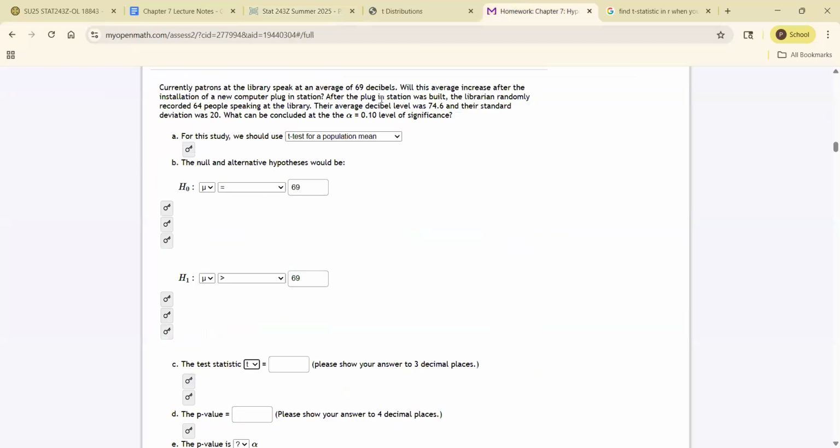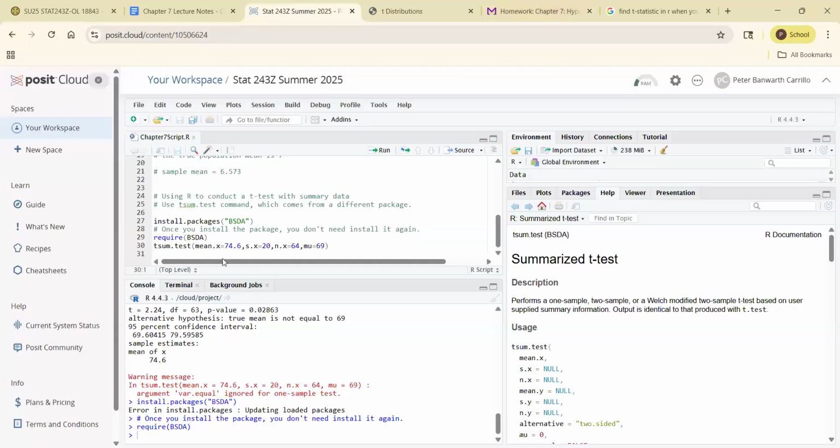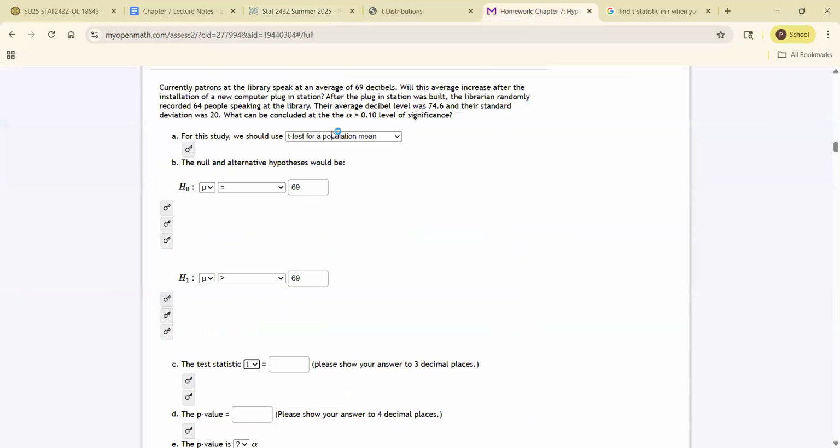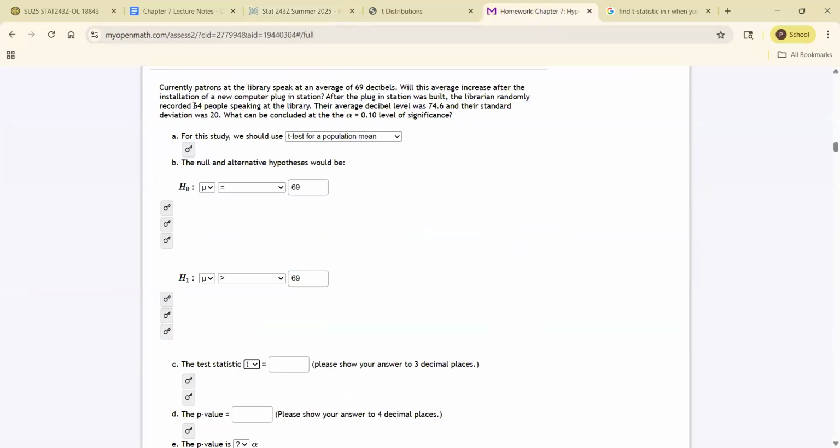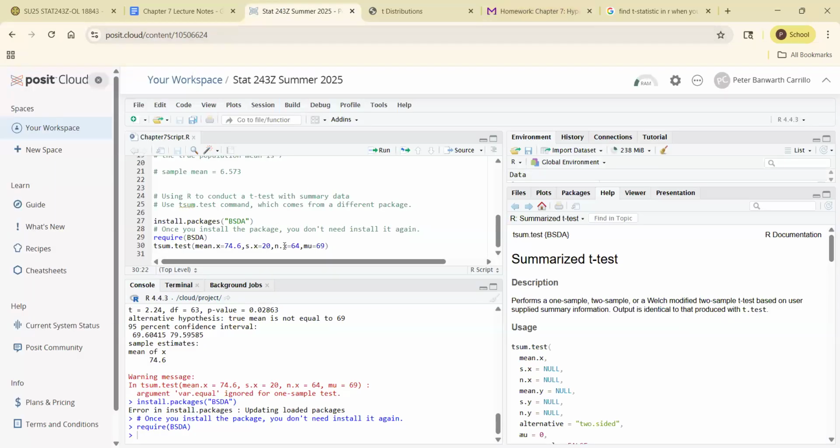So we had an average decibel level of 74.6. So the mean.x is 74.6. The standard deviation of that sample was 20. S.x is 20. And we recorded 64 people. So n.x, the number of observations, is 64.